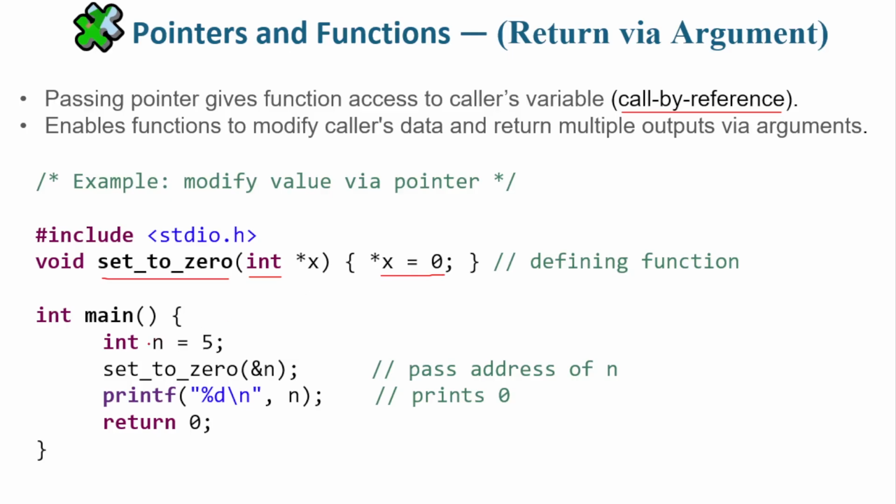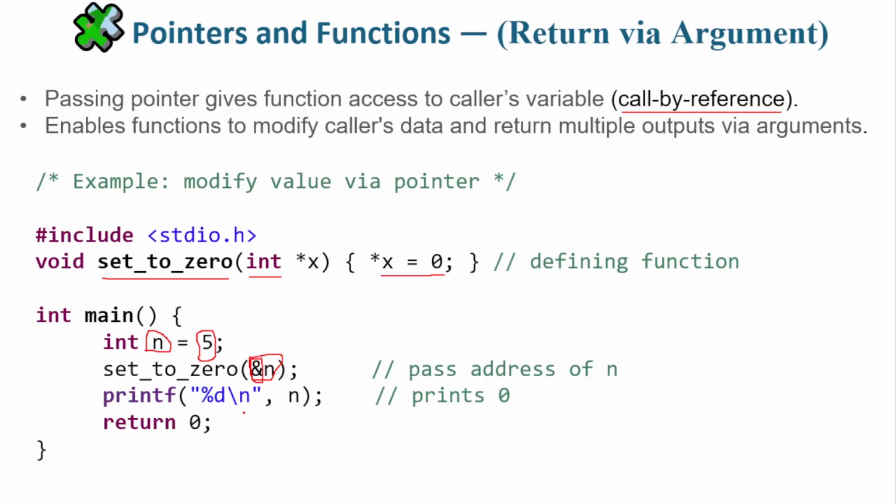In the main function, we declare an integer variable n with an initial value of 5. By passing the address of n to the set_to_0 function using the ampersand operator, we allow the function to directly modify the value stored in n.